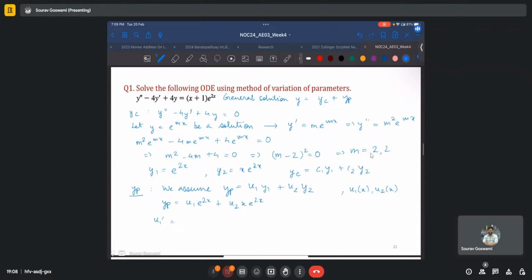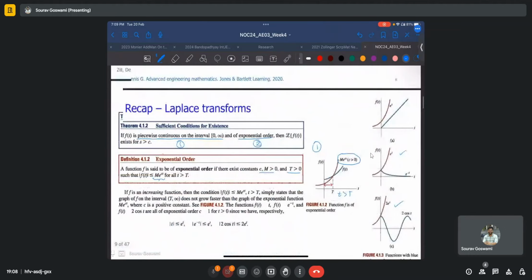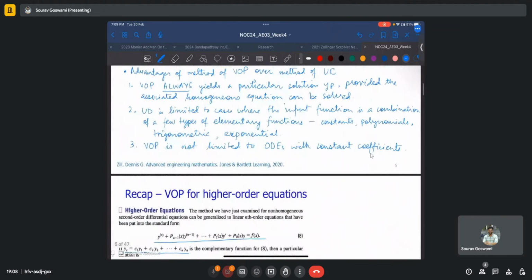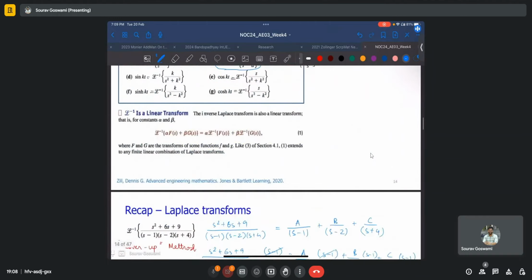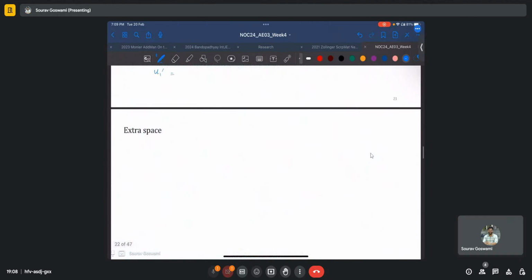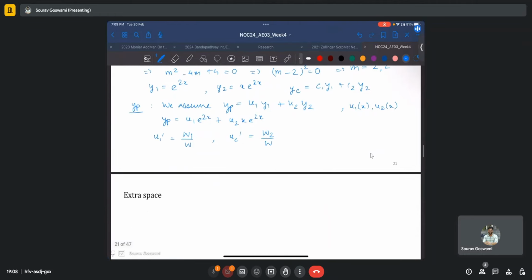So u1 prime is w1 by w, u2 prime is w2 by w, but what are these Wronskians? So the first Wronskian, w, is the determinant of y1, y2, y1 prime, y2 prime.